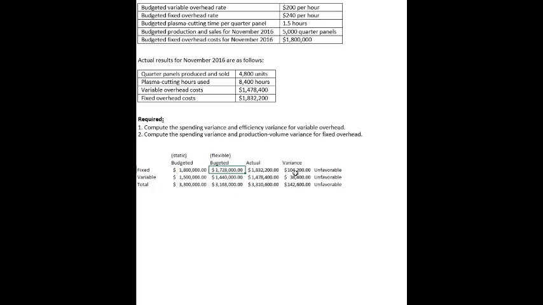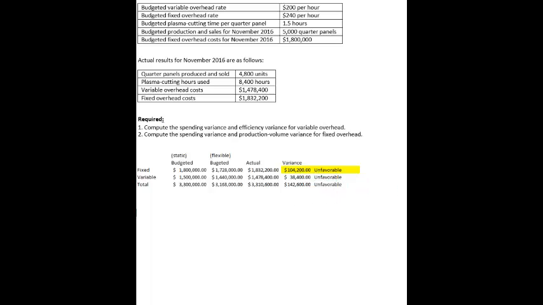So anyways, the whole point here is we know we have an unfavorable variance for fixed factory overhead. The question we're trying to answer is, is there any more information we can get out of this that could be useful in managing the organization so that this doesn't happen again? And the answer is perhaps.